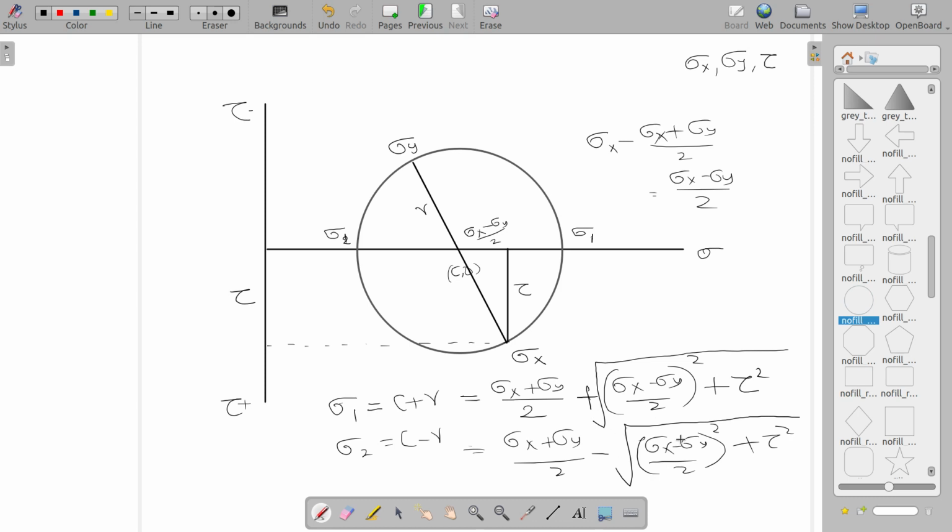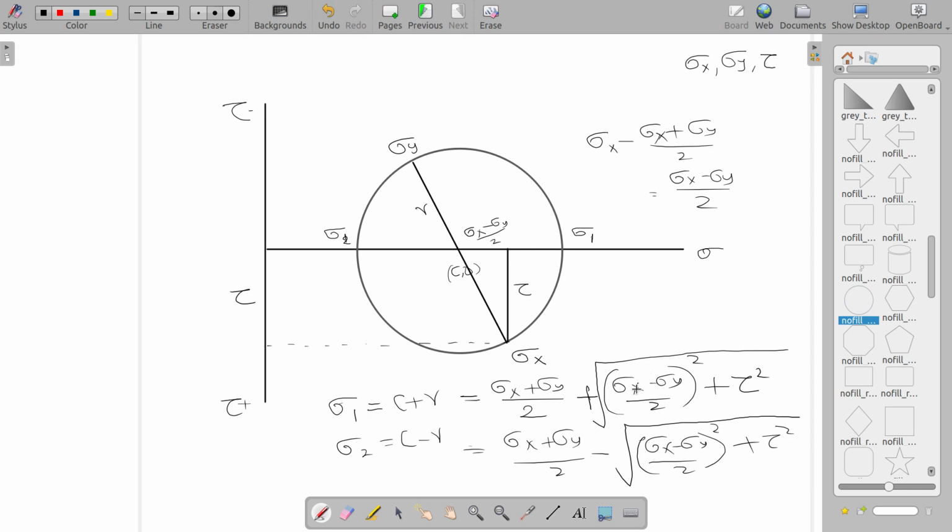So this is how you should remember the equation. Don't try to memorize it. Center of the circle will be sigma x plus sigma y by 2. Plus, now we need to find out the radius.